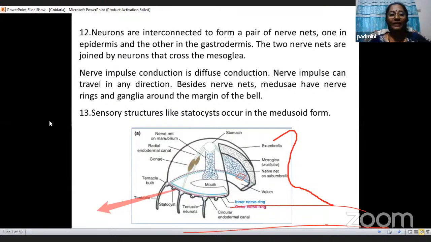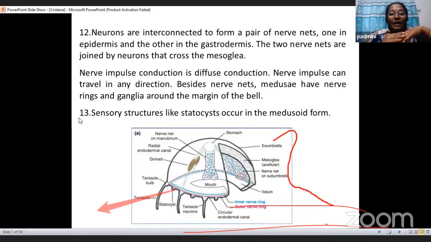The nerve impulse can travel in any direction. In the human brain, the nerve impulse cannot move here and there. It will go straight to the target, it will not get confused or disturbed. Thankfully, our axons are covered by a myelin sheath. That myelin sheath will not allow the information to be scattered here and there.